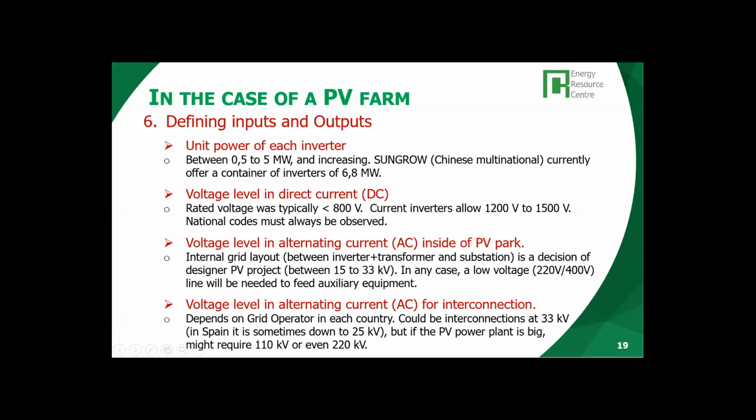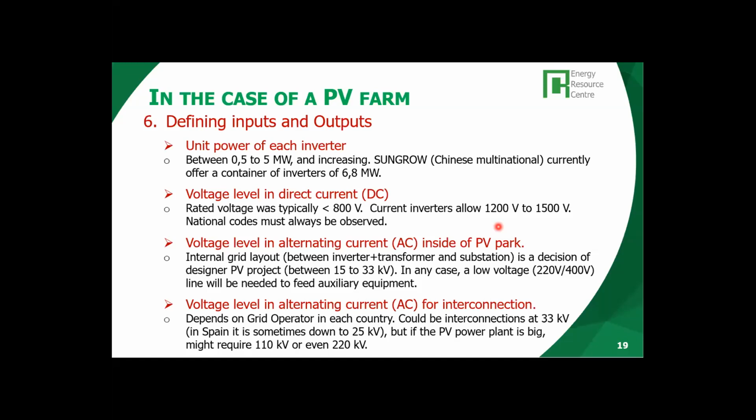But nowadays, inverters allow receiving DC input voltage levels above 1000, 1200 volts, or even 1500 volts. Obviously, these are very high voltage levels that will require detailed design of the DC lines.